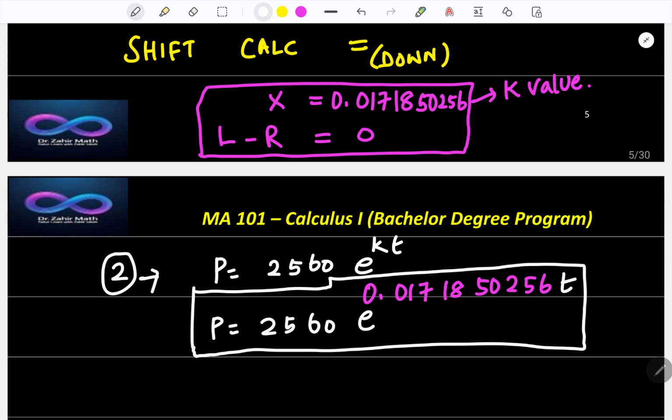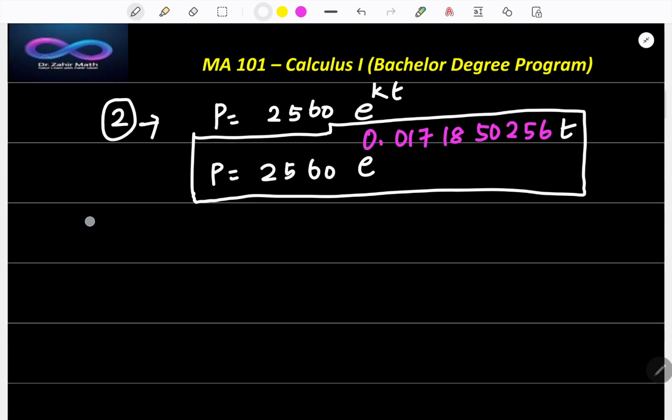The question asked us to estimate the relative growth rate, so this equation is called the relative growth rate. Keep that in your mind.